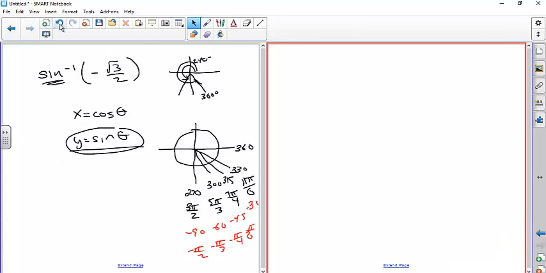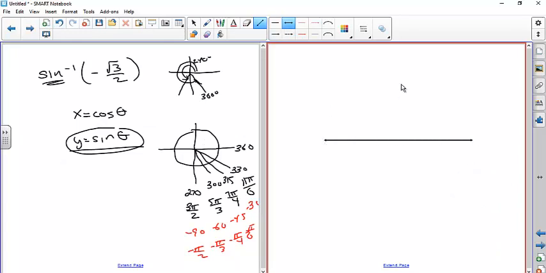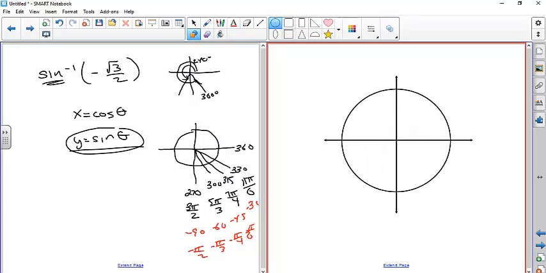Another thing you might want to put in your unit circle are the tangent values, which are not the x or y coordinates, just so you don't have to memorize them or do any further calculations. So I'm just going to do these again, and you can put them on your unit circle.